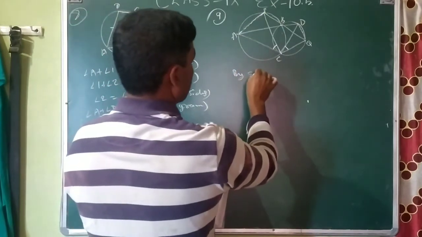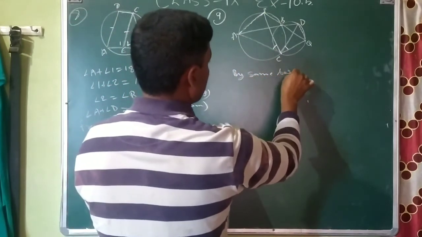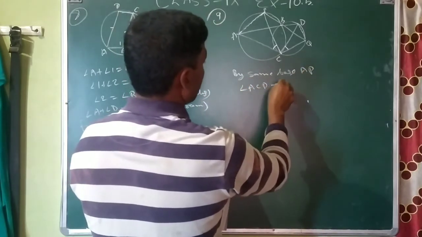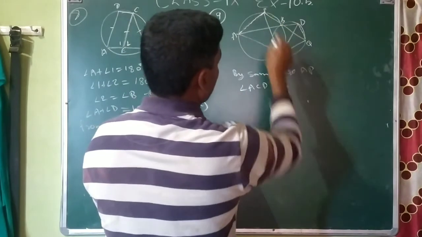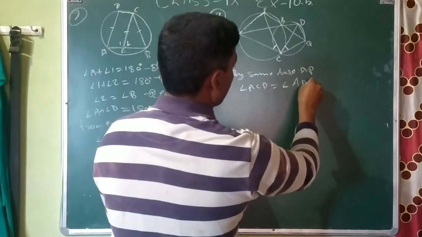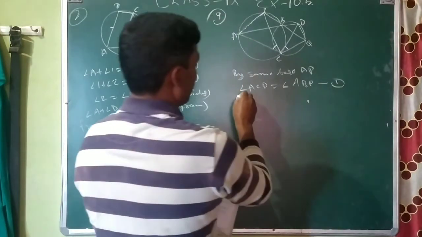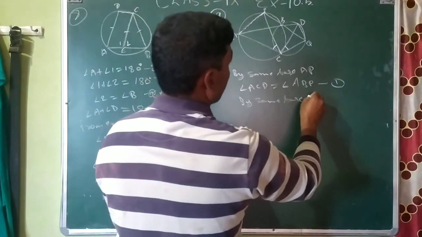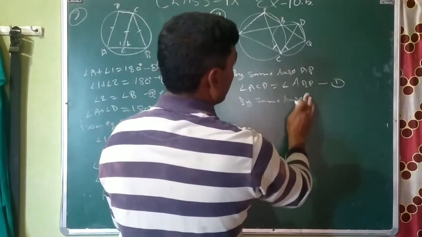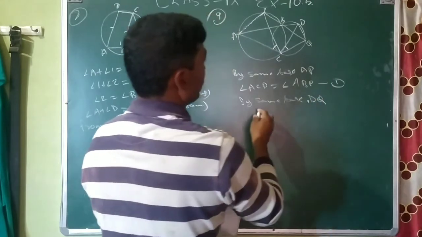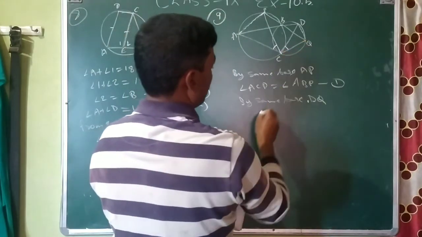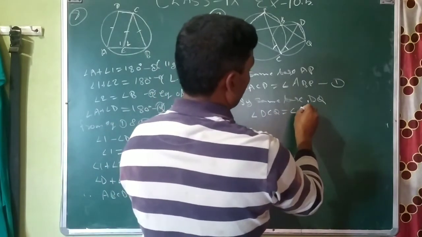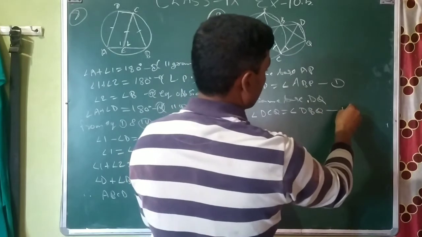By same base AP, angle ACP is equal to angle ABP, that's the first equation. By same base DQ, angle DCQ is equal to angle DBQ, that's the second equation.